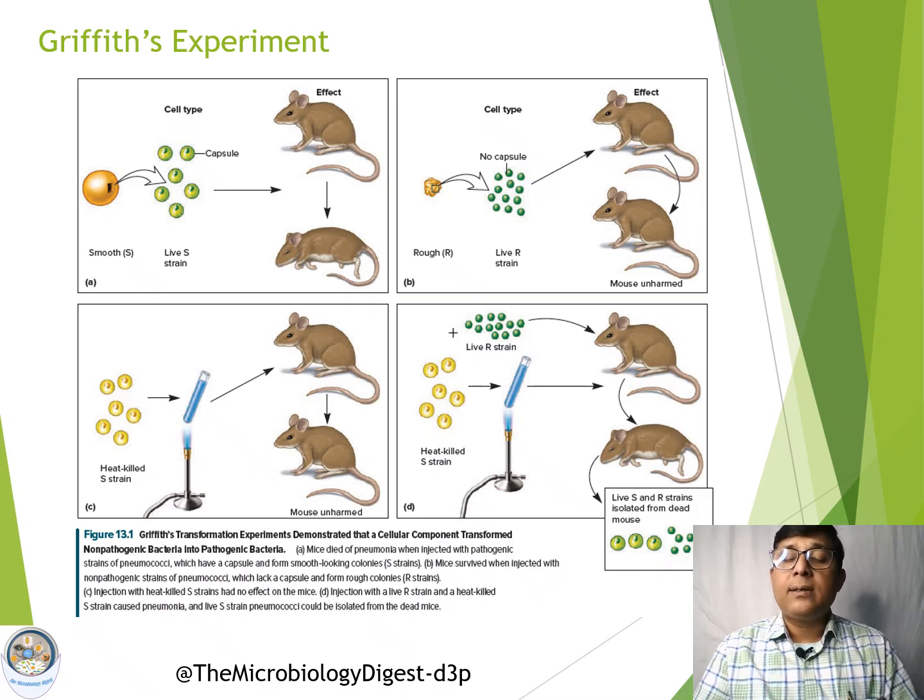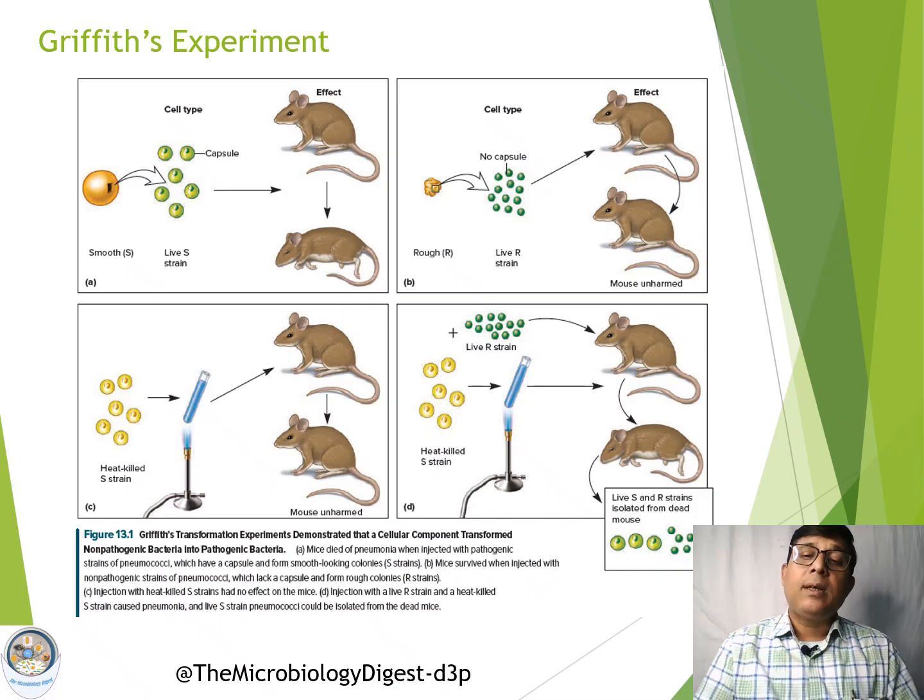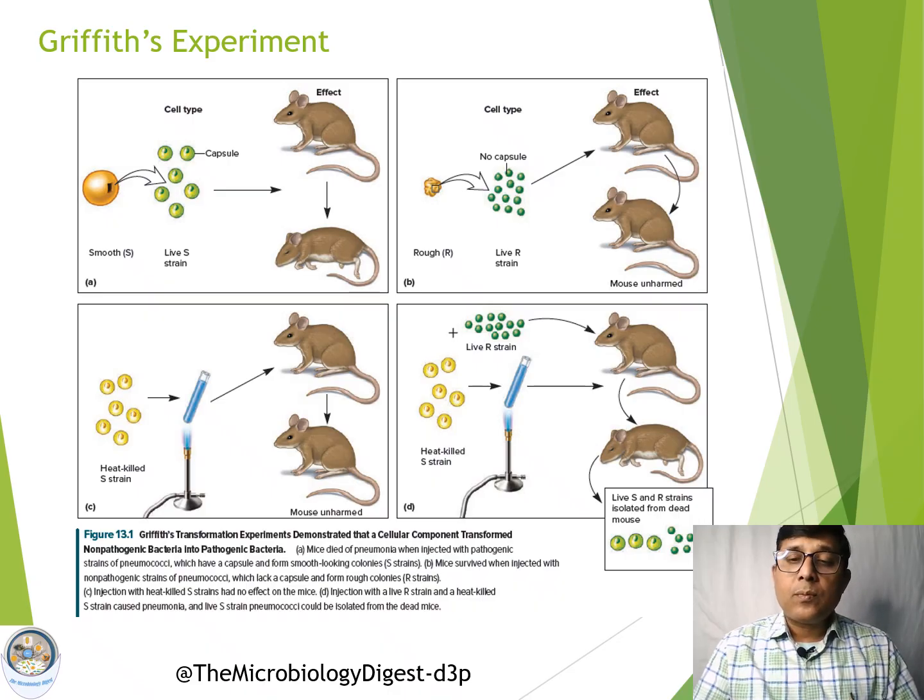So by getting the genetic material, the virulent genes, from the heat killed virulent organism, they attained the property of virulence, and they could cause death of the mice.